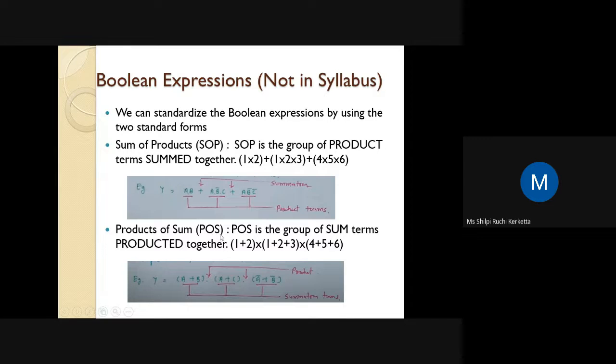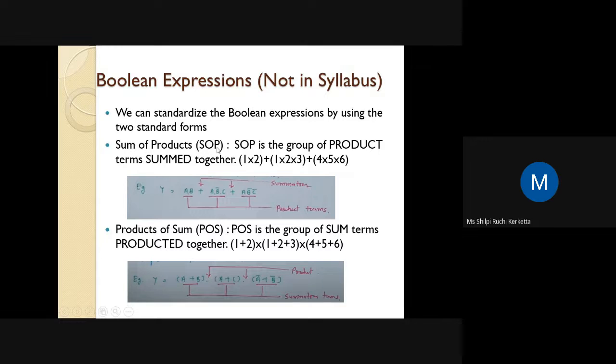Like in your mathematics, you might have done BODMAS, a rule where we have to multiply the inside terms in sequence. In the same way we have the sum of products in a Boolean expression. What is sum of products?